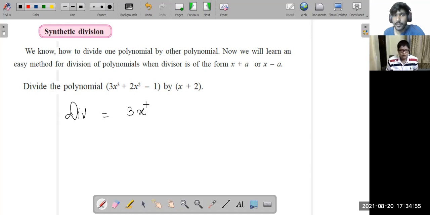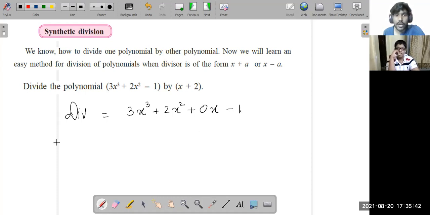Can you tell me how it will be in index form? 3x cubed plus 2x squared plus, the x term is missing, so 0x, minus 1.